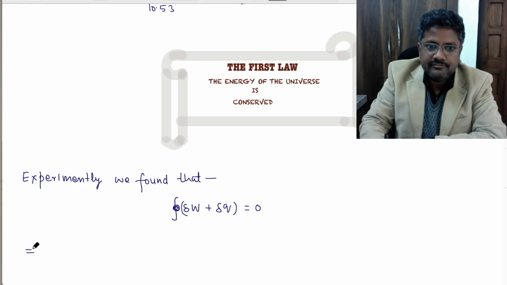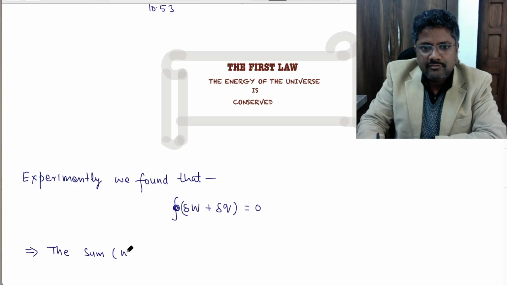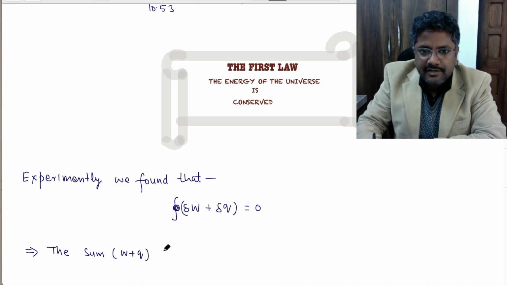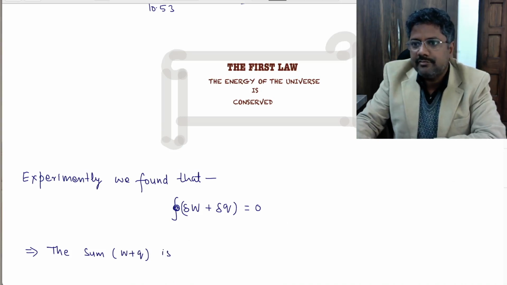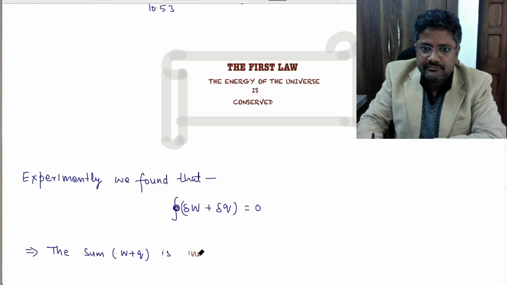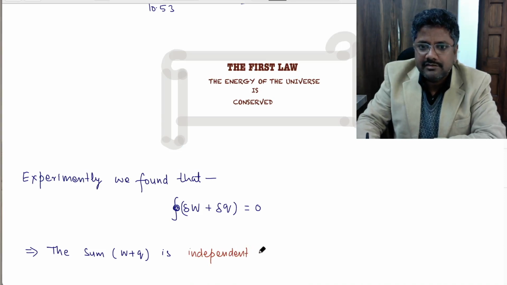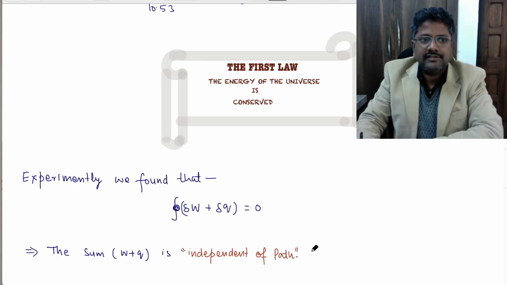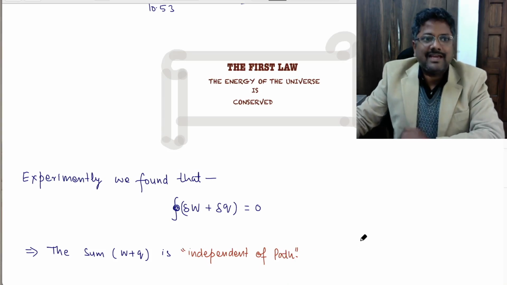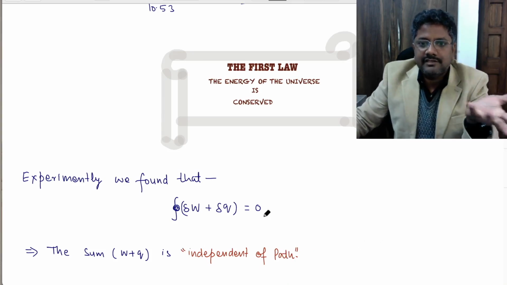Which means the sum W plus Q is independent of path. So this implies that there is a state function whose differential is this.